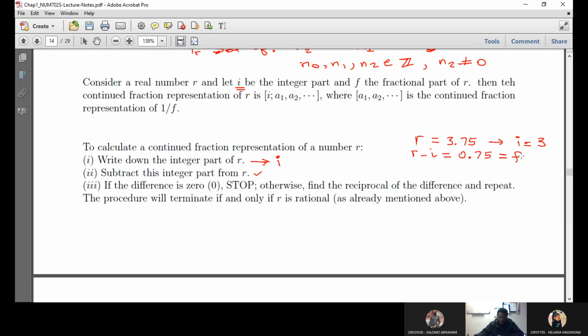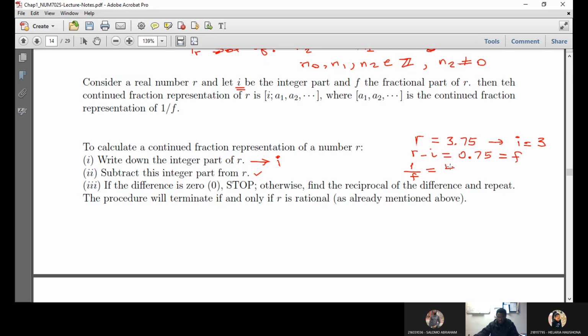And then you take the reciprocal of this. Of course, if the difference R minus I is 0, you stop. But here it is non-zero, so you proceed. You take the reciprocal, 1 over F. This is 75%, and 75% is 3/4.